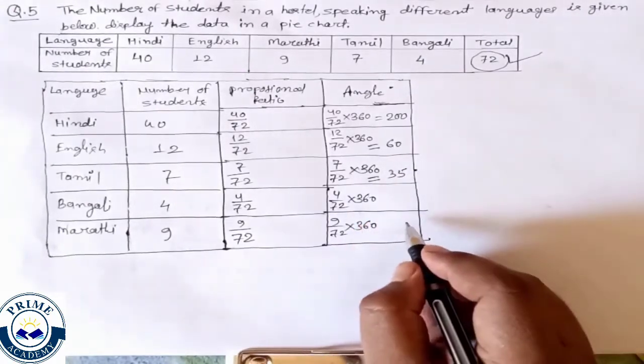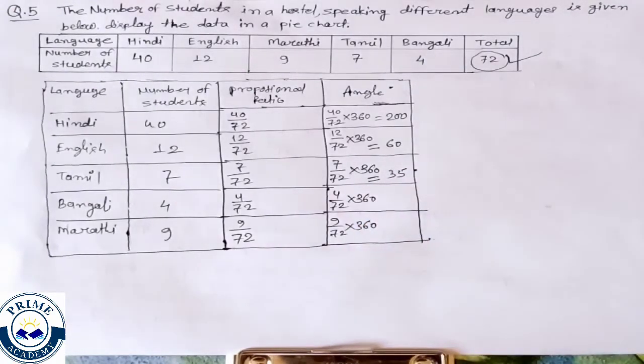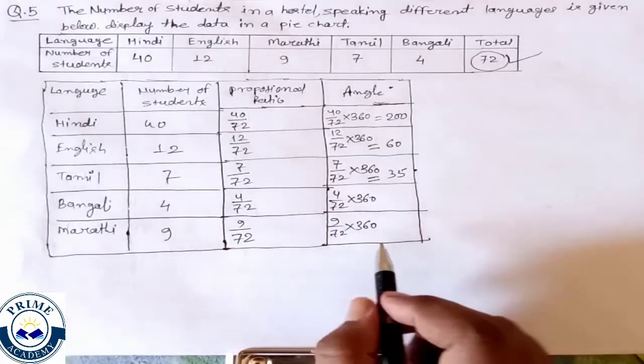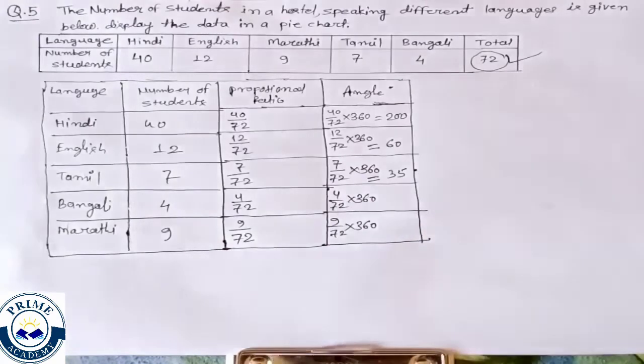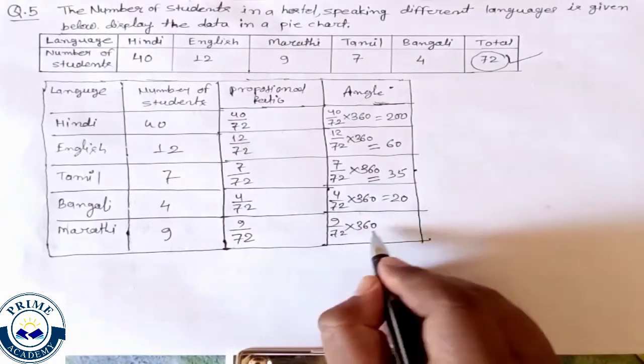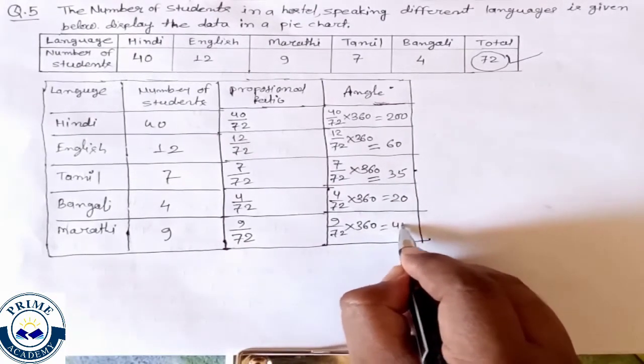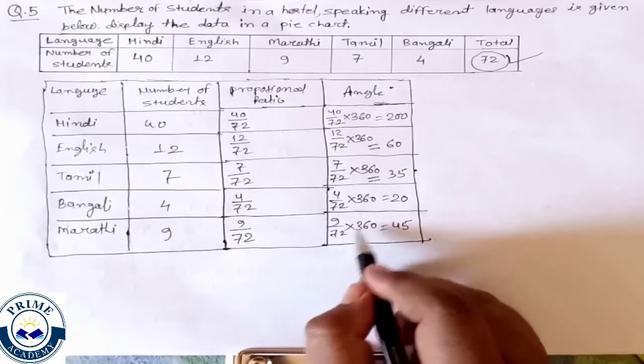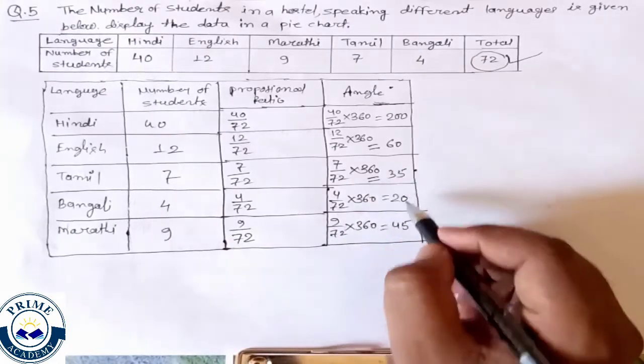Okay, now the Bengali. For the Bengali, you just cut out and you will get this will be 20 and this will be 45, right? You just simply cut it, you will get the values.